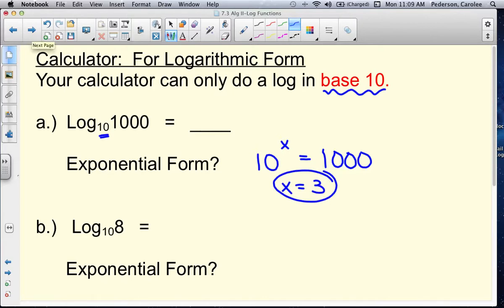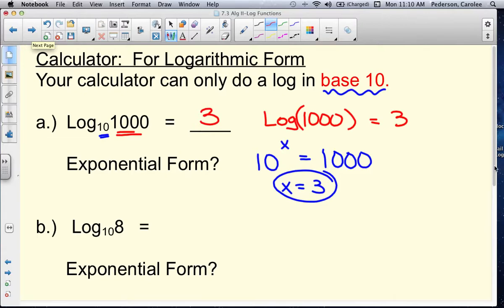Now here's how you use your calculator. With your calculator, you go log, there's the log button, go ahead and find that, and then enter in 1,000. You don't have to put the number 10 in because your calculator is already telling you that it is base 10. So your calculator should look like this. And then you push enter and you should get 3. So there's your answer.